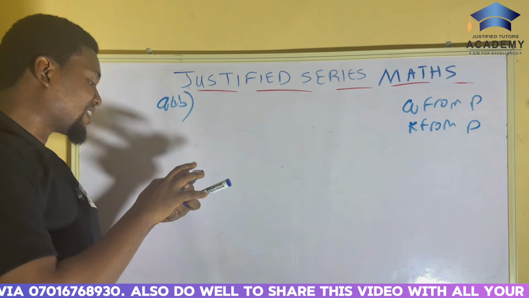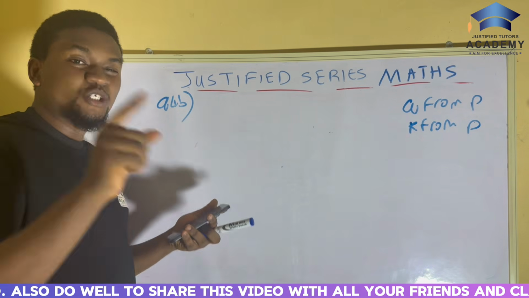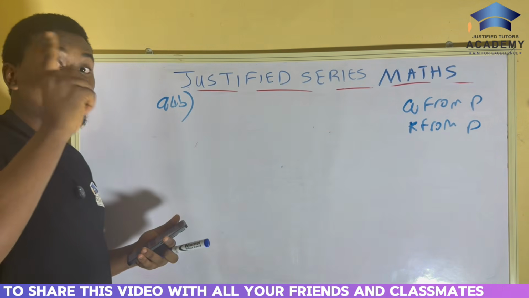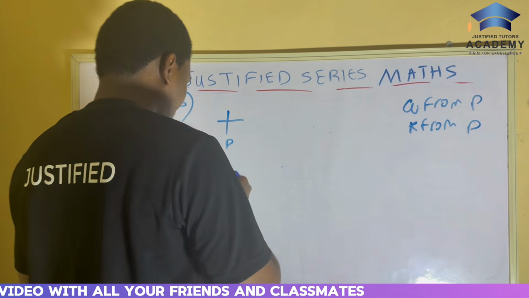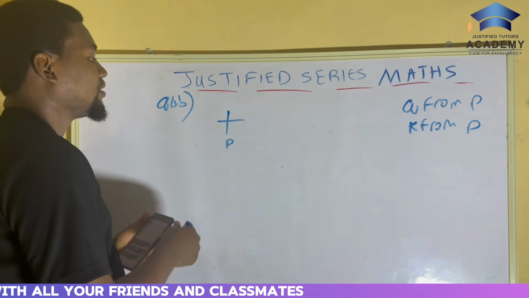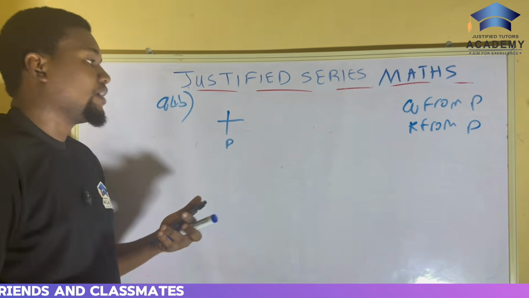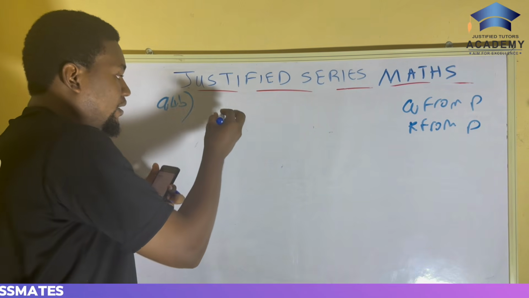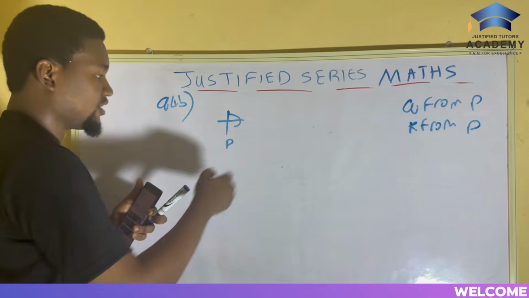The first part says the bearing of Q from P is 150 degrees. It means that the first thing you draw is your point P. Then the bearing of Q from P means the angle will be at P, so it will come from here, 150 degrees.